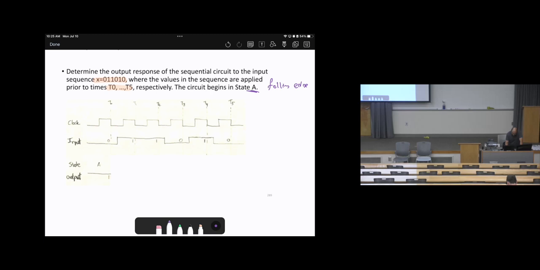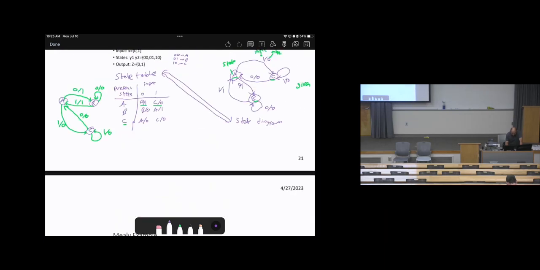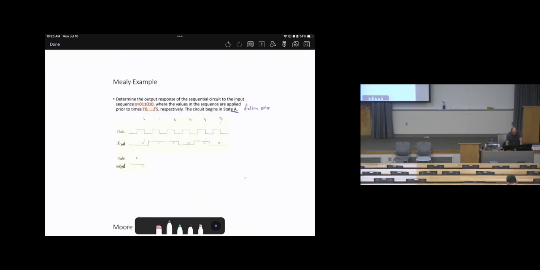And the states begin with state A. We will see how the states and the output will be based on the inputs, assuming the Mealy model that we have here. I'm going to redraw it.